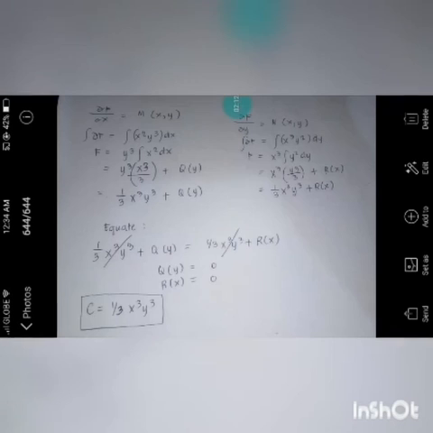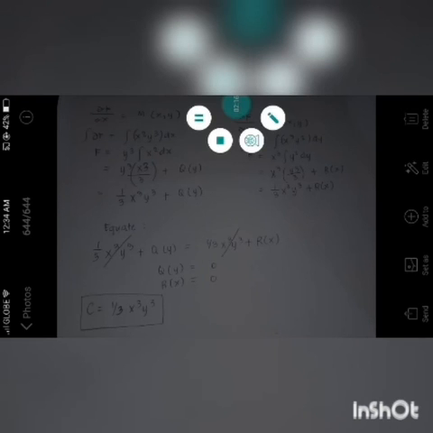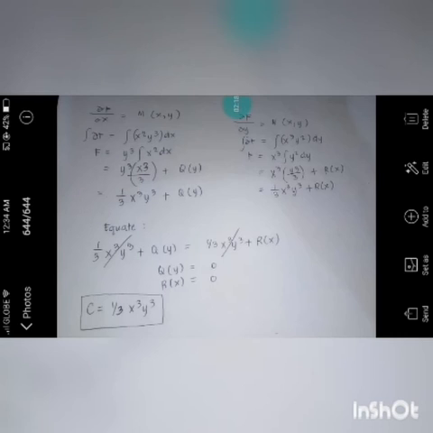Let's equate then. 1/3 x cubed y cubed plus qy equals 1/3 x cubed y cubed plus rx. We cancel 1/3 x cubed y cubed on the left and right side. So what remains in qy equals 0, and what remains in rx equals 0. So our answer is c equals 1/3 x cubed y cubed. That is our exact differential equation solution, or what I mean is the answer.